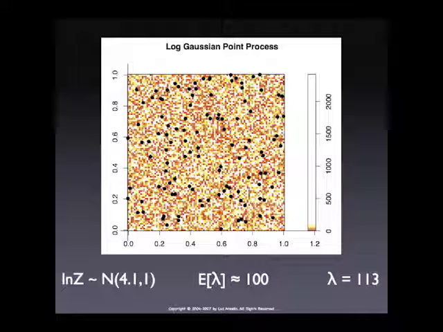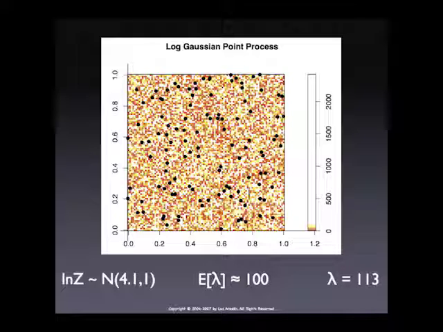How can you tell which process yielded the data that you observe? The data is the pattern. How can we tell whether the pattern comes from a contagious process or from a heterogeneous process? And so this is true contagion versus apparent contagion. Apparent contagion meaning it looks like contagion, but it isn't contagion.